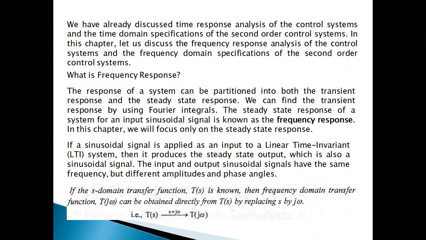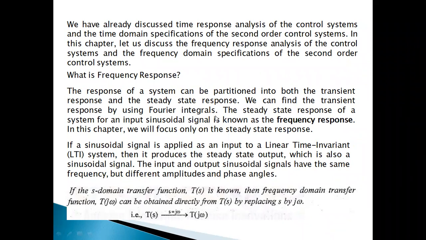Then what is the frequency response? The response of the system can be partitioned into both the transient response and steady state response. We can find out the transient response by using Fourier integrals.